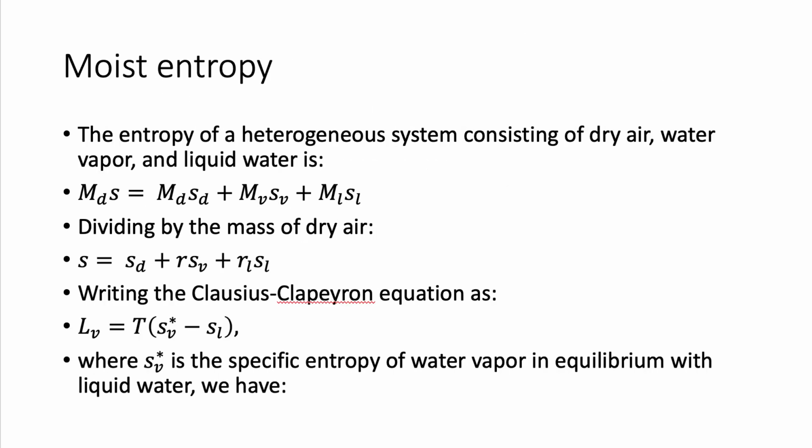Okay, well, something similar also holds, similar combinations also hold for other quantities like entropy, for example. We said that entropy was an extensive quantity, right? And so the entropy, suppose you have a mixture of dry air, liquid water, and water vapor.